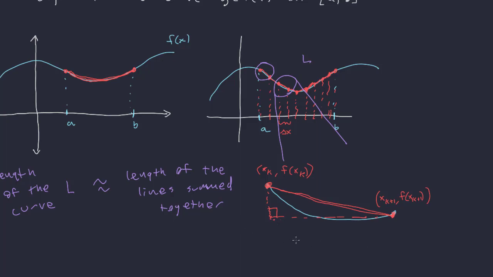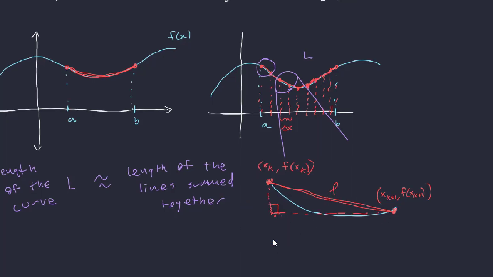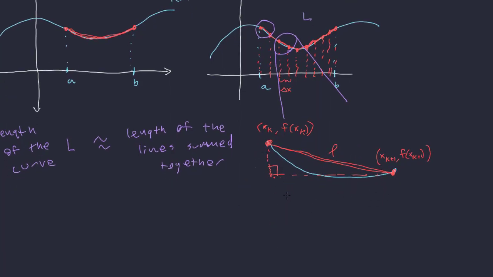All right, so the length of this line using either the Pythagorean theorem or the distance formula, whichever one you want to look at, okay, is going to be the square root of the difference in the x's squared, so xk plus 1 minus xk.